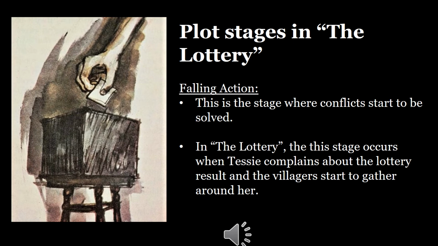For example, in the lottery, Tessie begins to scream, saying that it's not fair, it's not right. Then the villagers begin to pick up the stones they had gathered earlier and form a circle around Tessie because they want to get over with the lottery before noon dinner.